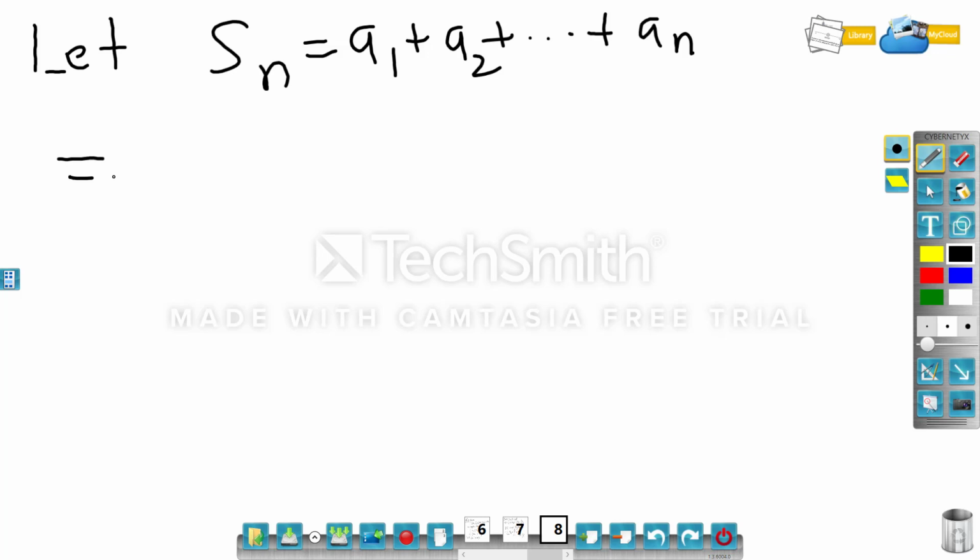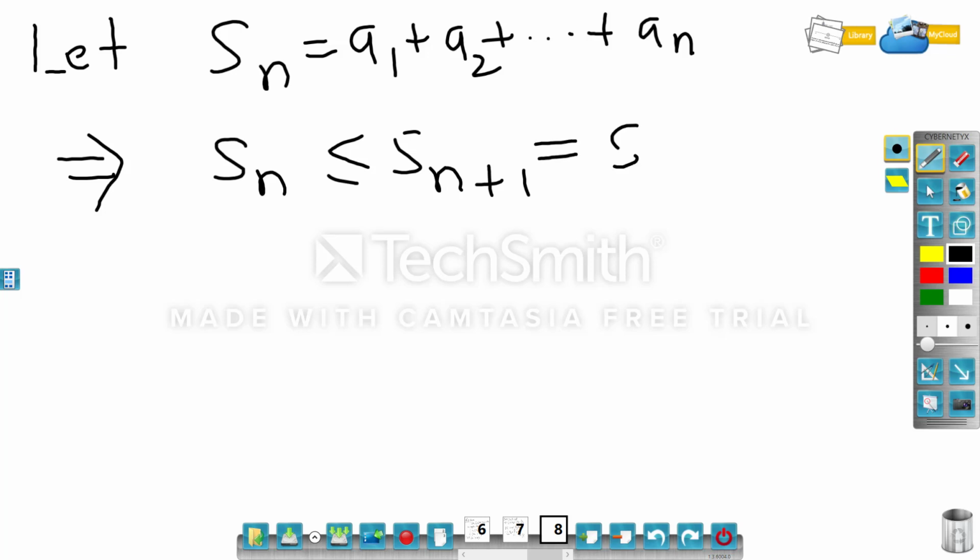So that would clearly imply Sn is always less than or equal to Sn plus 1. You will observe that Sn plus 1 is the same as Sn plus an plus 1, because Sn plus 1 will have a1 plus a2 plus a3 plus dot dot dot an plus an plus 1, and this an plus 1 is positive because every an is greater than 0.